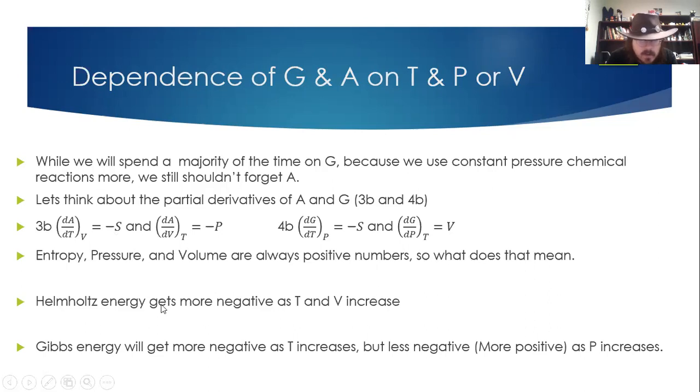It means as temperature and volume increase, Helmholtz will always get more negative. Gibbs will always get more negative as temperature increases, but as pressure increases, it will become more positive.